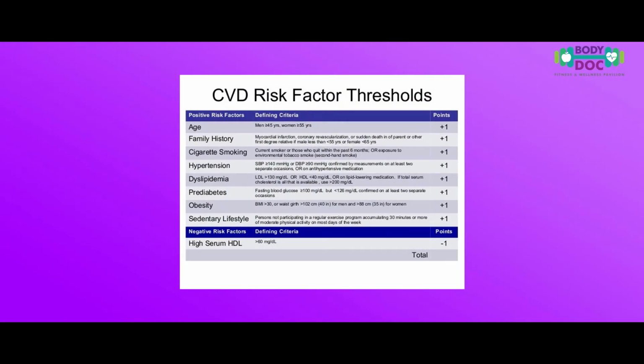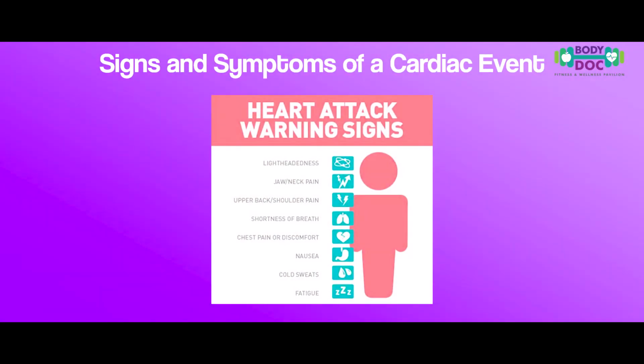And cigarette smoking, sedentary lifestyle, LDL levels of more than 130, and HDL levels being low, and also having family history and obesity. Those are risk factors that would give you +1 point. The only thing that would counteract and give a -1 point is having a high HDL level of more than 60.